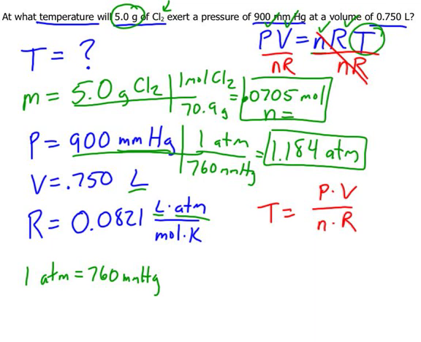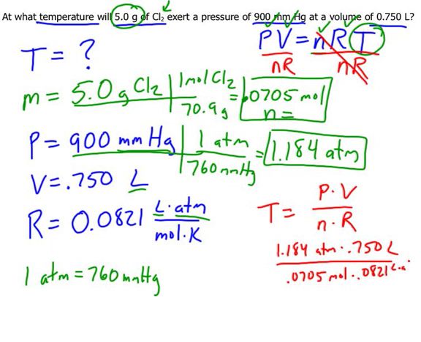The pressure was 1.184 atmospheres times the volume, which was 0.750 liters, divided by moles, 0.0705 moles, times 0.0821 liters atmospheres over moles times Kelvin. And I put the units in here just to show you how this is going to play out. Atmospheres will cancel, liters will cancel, moles will cancel. What's going to be left is Kelvin. So my final answer is going to be in Kelvin.